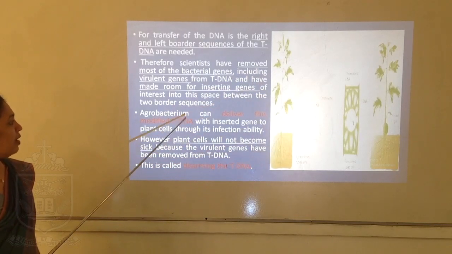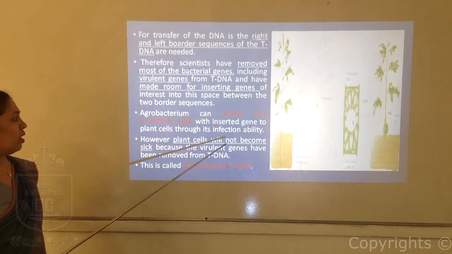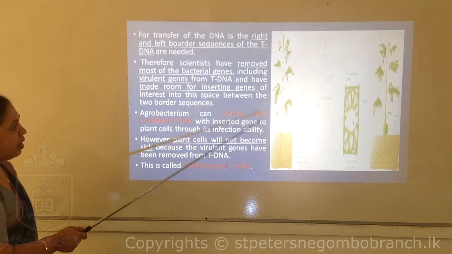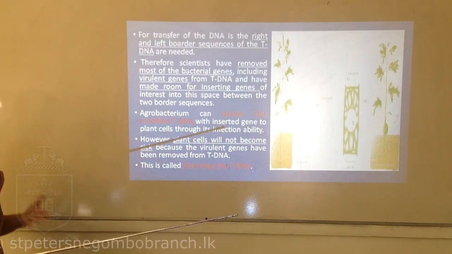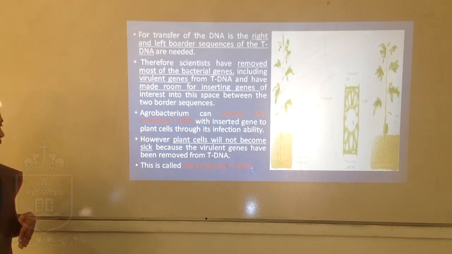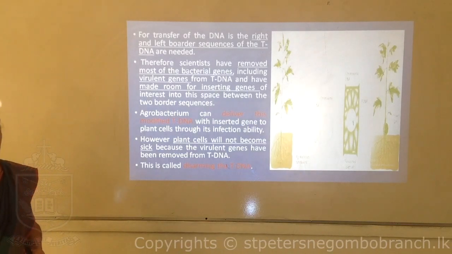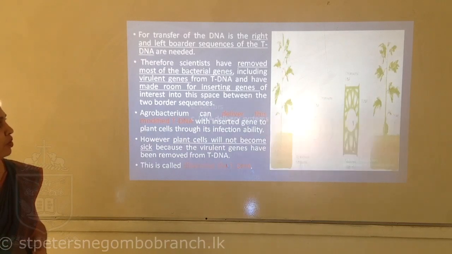So then agrobacterium can deliver this tDNA using its infecting ability, and the plant is not getting the disease, but the new DNA molecule is getting into the plant. So this is also one of the most widely used techniques because it is a natural process.